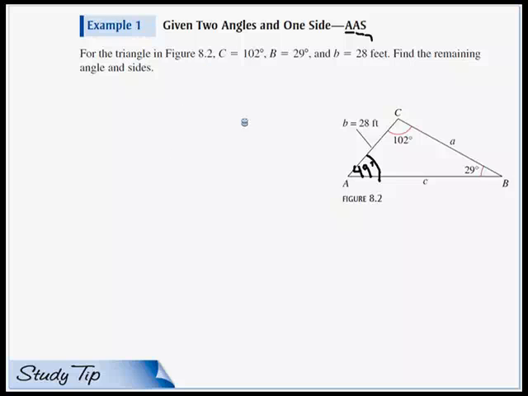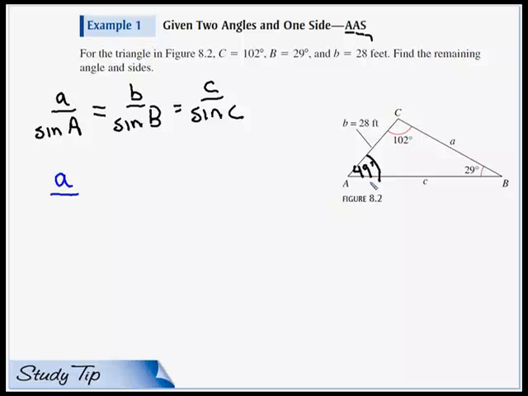Just because it's new, I'm going to write out the law of sines: a over the sine of A is equal to b over the sine of B is equal to c over the sine of angle C. Let's plug in what they've given us. Do we have a? No, we don't know what a is. We'll be solving for that. We do know angle A is 49 degrees though, so down here we put the sine of 49.